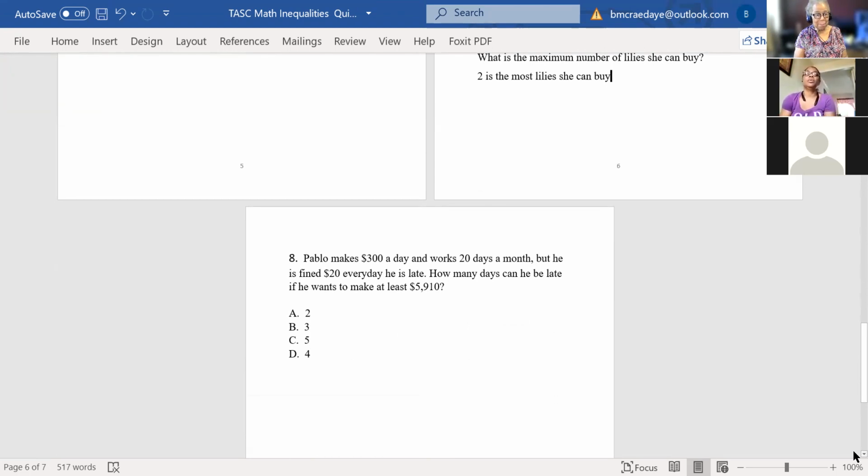Okay. Pablo makes $300 a day and works 20 days a month. But he is fined $20 every day he's late. How many days can he be late if he wants to make at least $5,910?